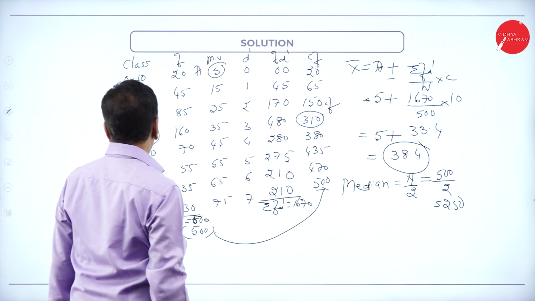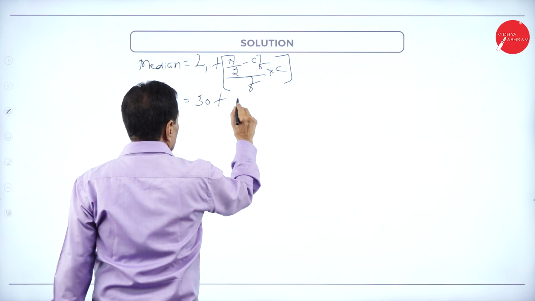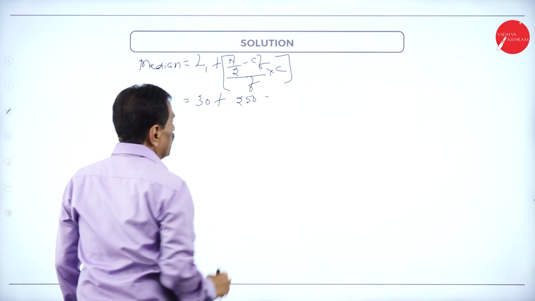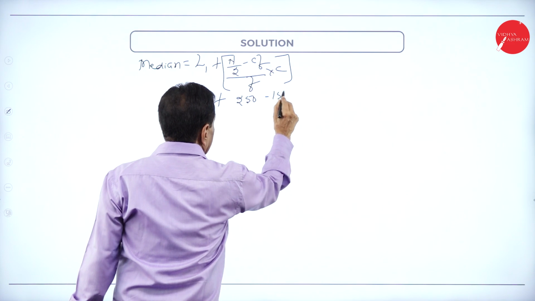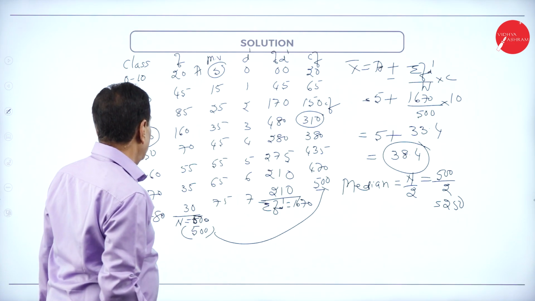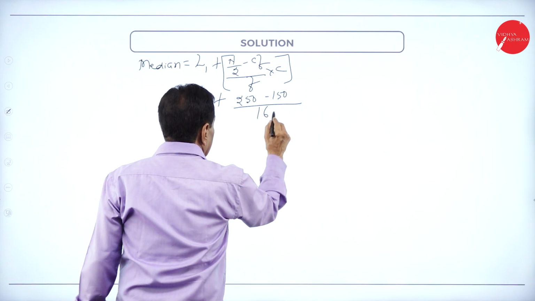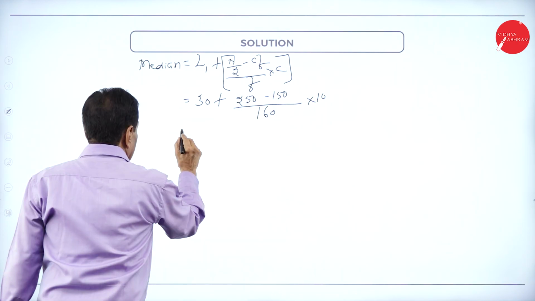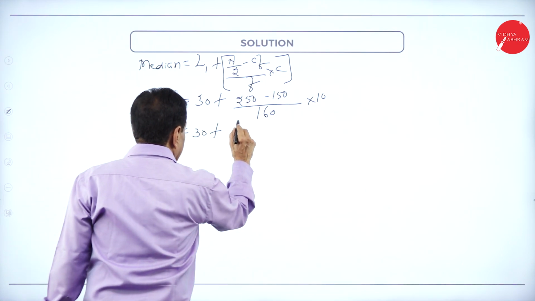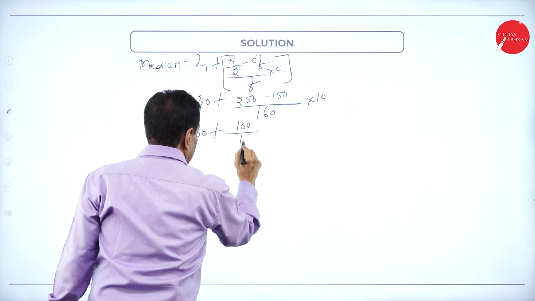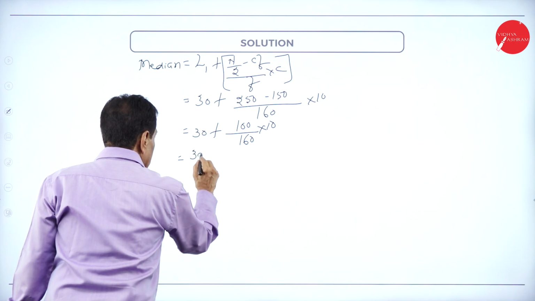Apply. What is your L1? 30. What is n by 2? 250. The CF behind it is 150, divided by the frequency 160, into class interval 10. So this is 30 plus 250 minus 150 is 100, divided by 160 into 10.